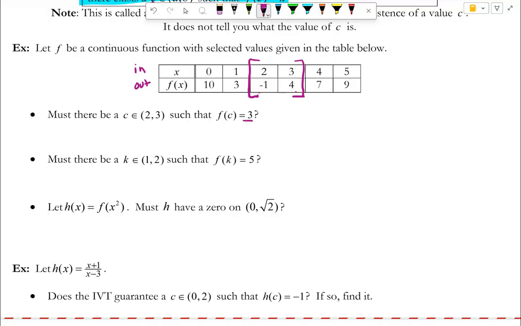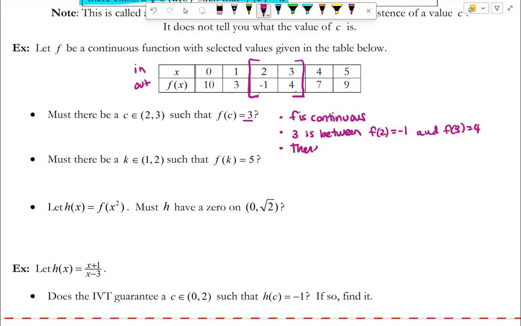So yes. When we want to earn full credit on a free response question, which we always do, we have to include the following information. We have to confirm that f is continuous. We have to restate the hypothesis, and it's got to be true. And then we need to confirm that 3 is between f of 2, which is -1, and f of 3, which is 4.